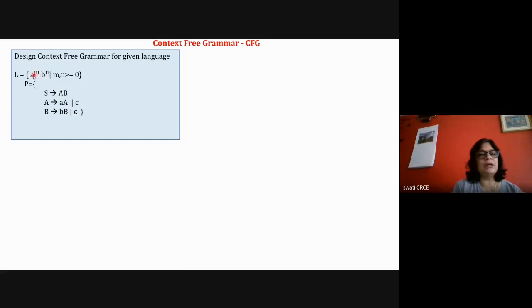So this is actually a regular grammar, but a regular language is also generated by a context free grammar. So that's why we can design a CFG for this regular expression. I told you to always remember the a raised to n example and the a raised to n, b raised to n example. And whenever any problem is given to you, you have to split this problem, or convert the problem to one of them.